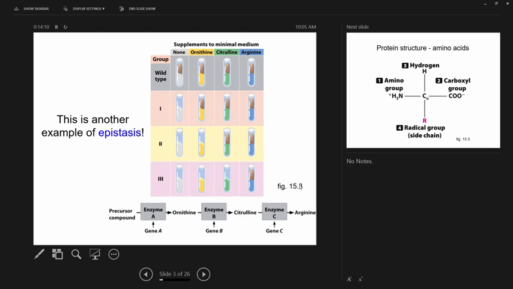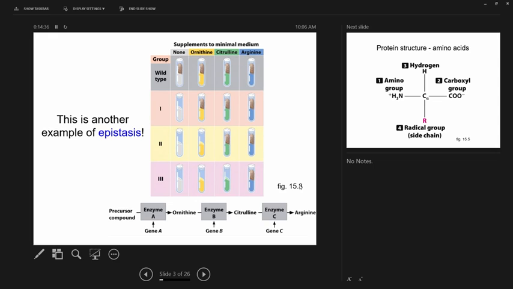If gene A is mutated, let's say that you have to be recessive, right? Then gene A, if big A is good and little a is no good, and you have to be homozygous recessive to see that mutation, then this would be having recessive epistasis to enzyme B and enzyme C.